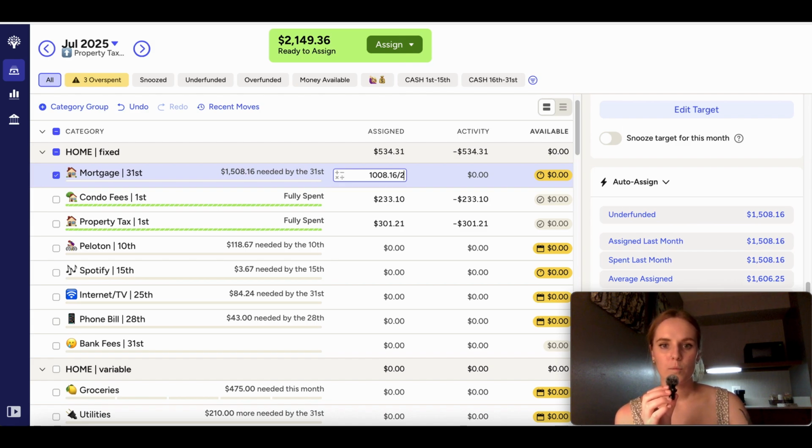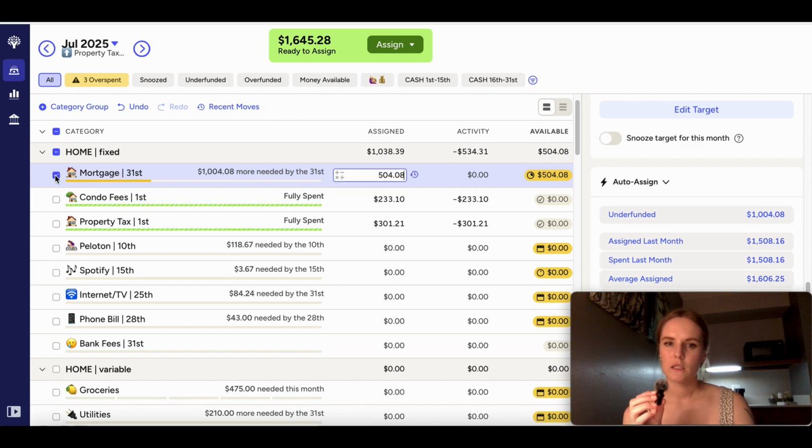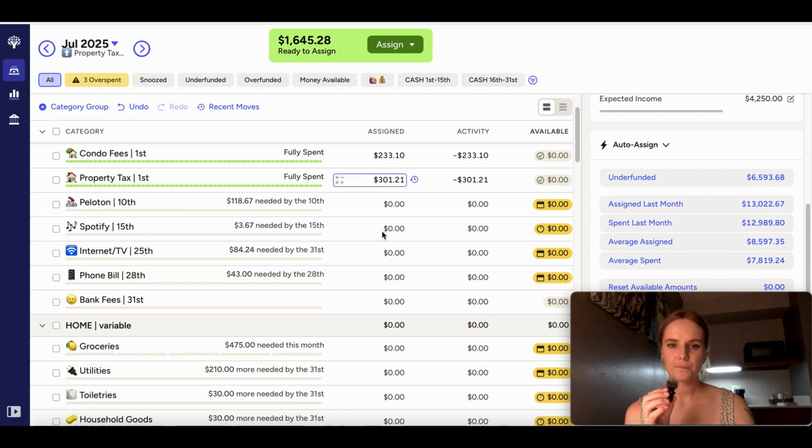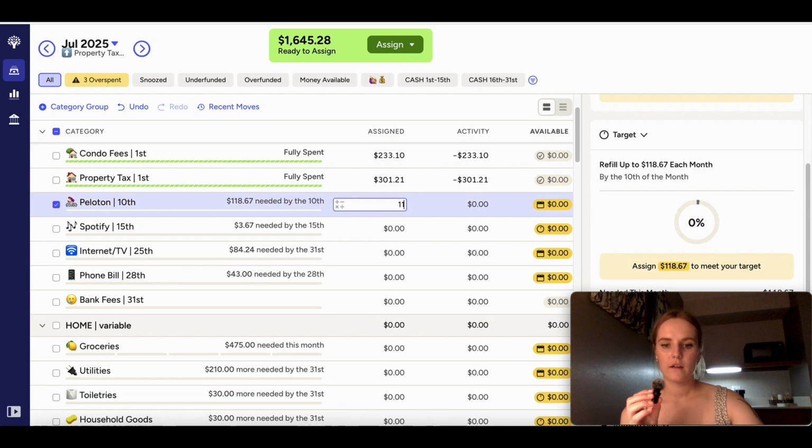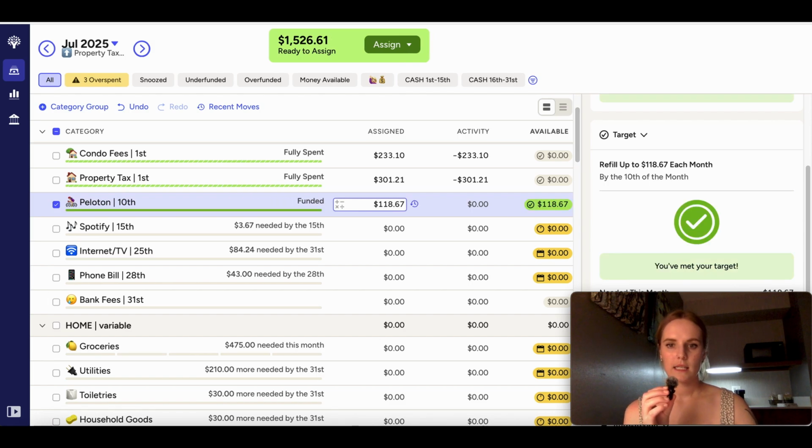So my portion will be $1,008.16, and I'll divide that by 2. I could divide by 3 since there's 3 paychecks. Maybe we will see if I want to do that, or maybe I should just get the half over with now. Let's take care of bills that will need to be taken care of before my next paycheck, which is on the 16th.